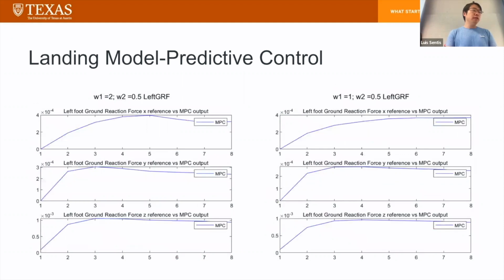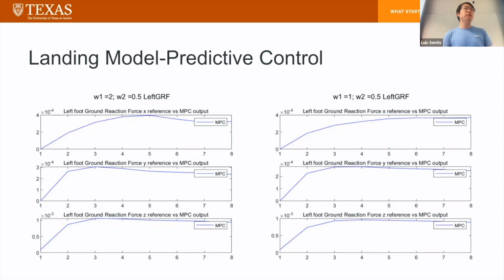And this graph is for the ground reaction force. The ground reaction force is not supposed to track a reference, because the reference is for the values related to the center of mass and the orientation. The purpose of having ground reaction force here is to minimize it or let it converge to a stable value, so it will decrease the chance of the robot falling, because the model-predictive control is designed for the landing phase.